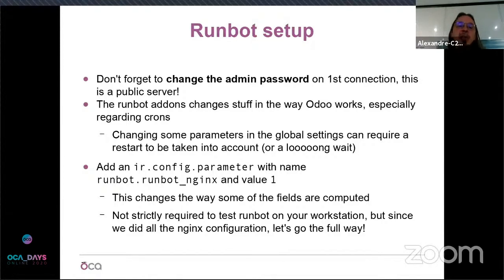So this changes the way some of the fields are computed, mostly the names of the builds. And that's used for the Nginx and reverse proxying. It's not required if you just want to test Runbot on your workstation, but if you've done all the setup with Nginx we did before, you need to do it.